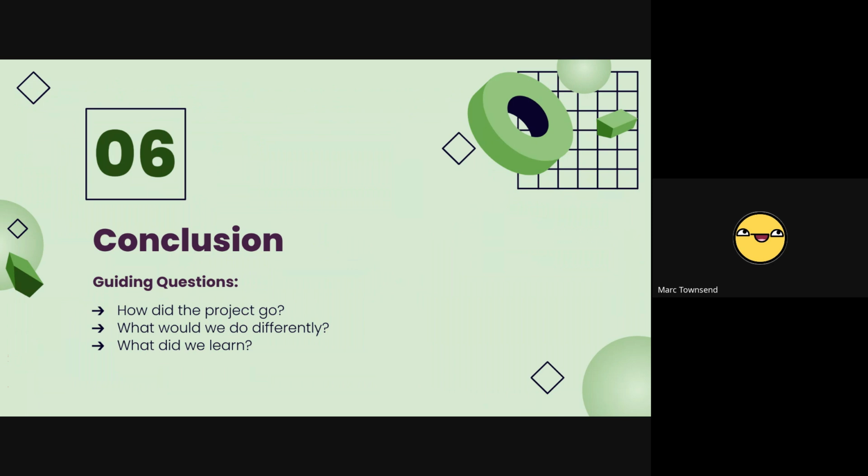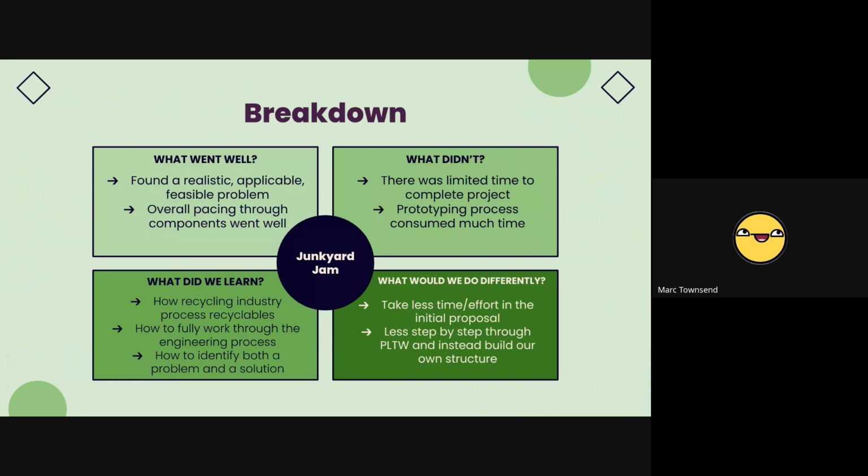So, all in all, we are pretty satisfied with our project. We did experience some highs and lows. Like Mark said, the fork was rather challenging to create so that we could stack multiple, but also in a way that was sturdy enough to withstand the amount of force that these forks are put under at recycling plants.